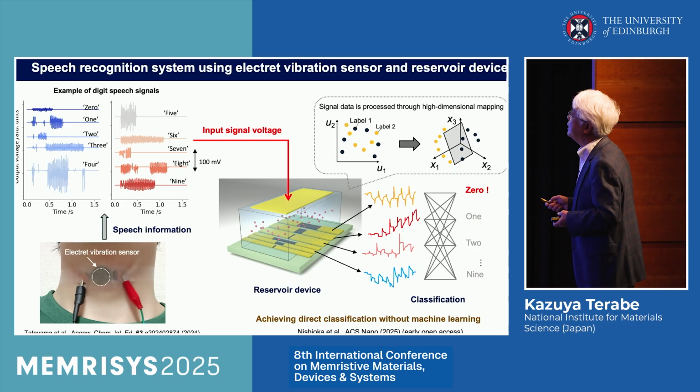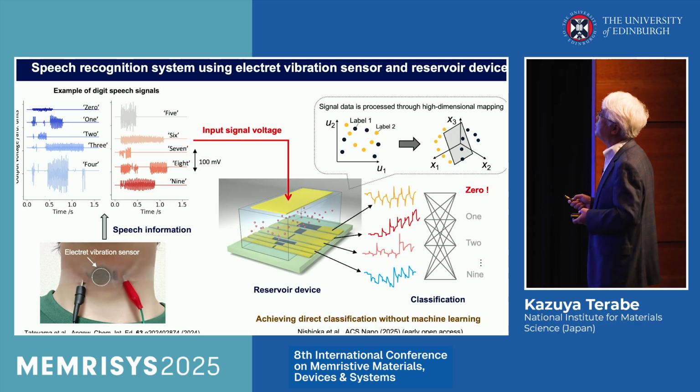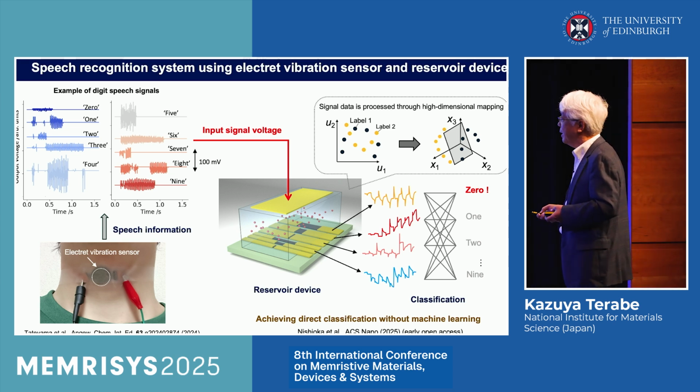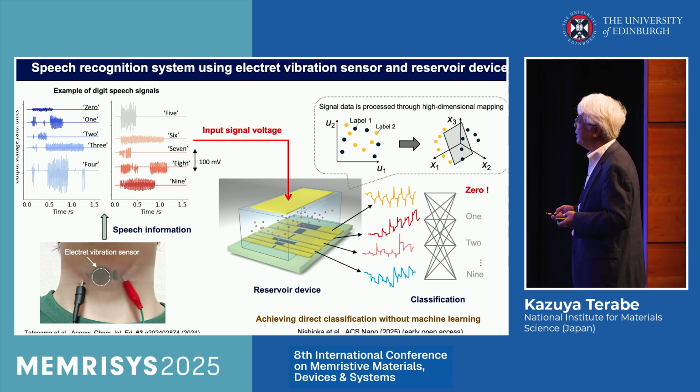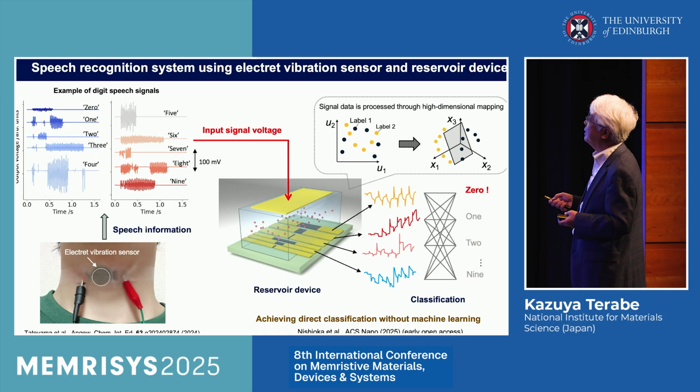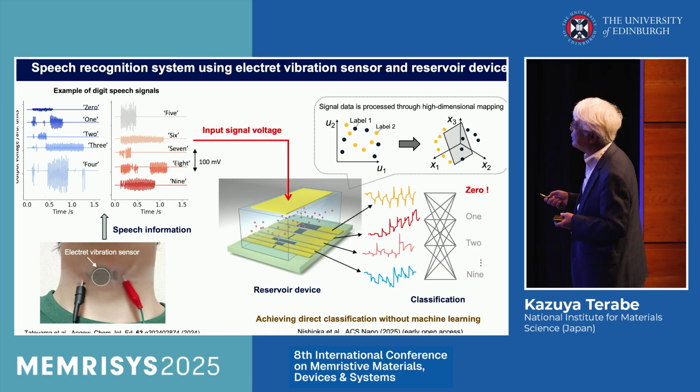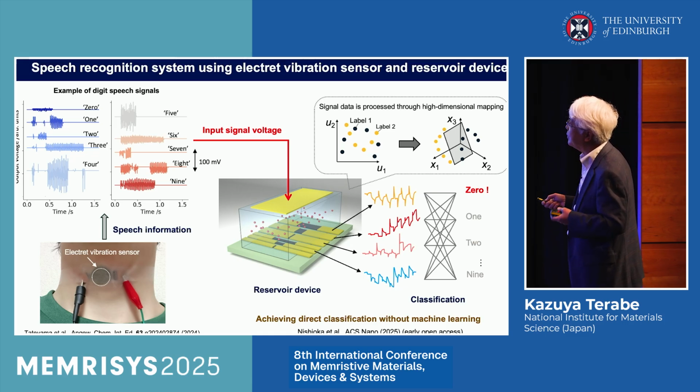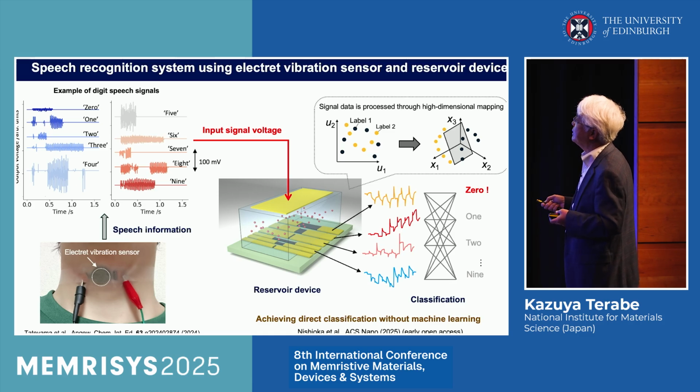So this is a speech recognition system using the electret vibration sensor and reservoir devices. This is the electret vibration sensor. This is the output data. For example, the voice is 0, 1, 2, 3, 4, and like this we can obtain different voltage signals.